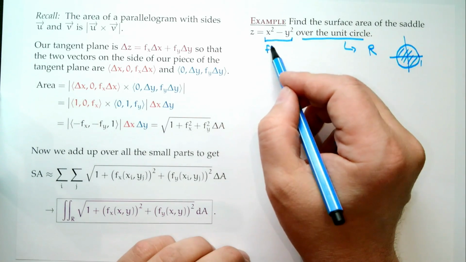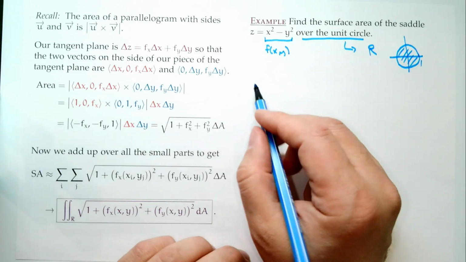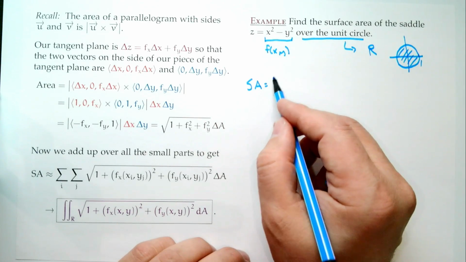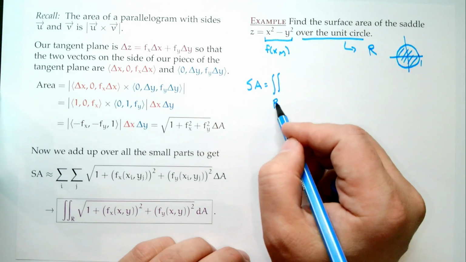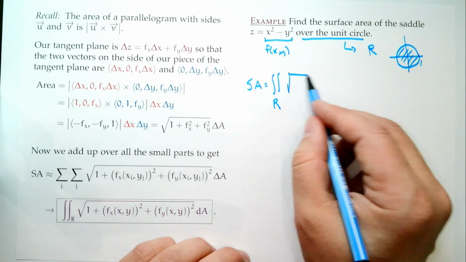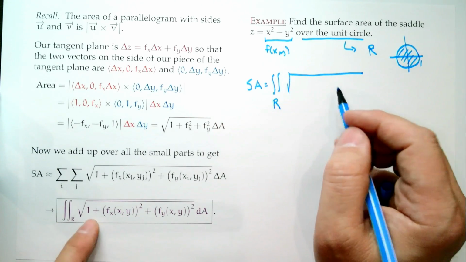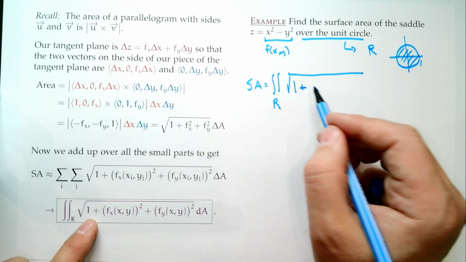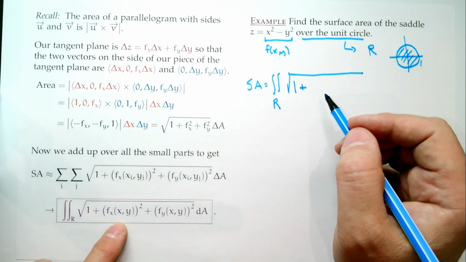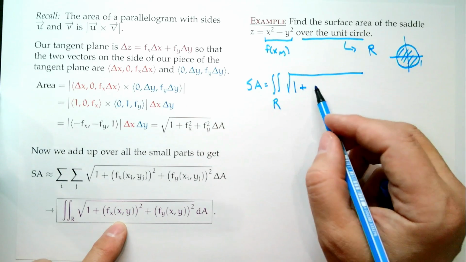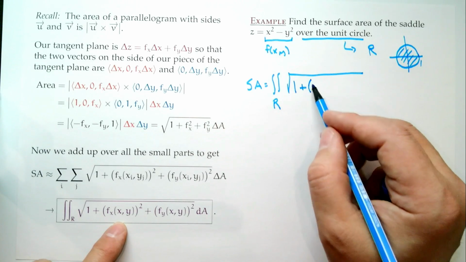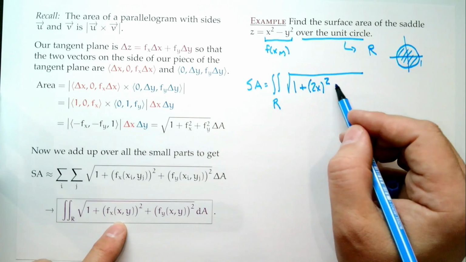Now, we can start. So we have that the surface area is the integral over our region R of the square root of, because I'm copying the formula, 1 plus f sub x squared. What is f sub x? 2x. 2x squared.